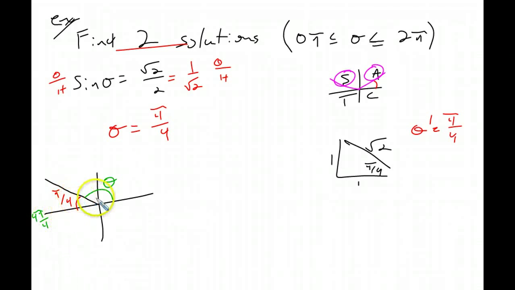Well, this is pi over 4 less to get the full angle. So if I just take away pi over 4 from the 4 pi over 4, then my other angle is going to be 3 pi over 4. If you want to check it, go for it. You can say sine of 3 pi over 4. You'll be in the second quadrant, so it'll be positive, exactly what we want. And over 4, so opposite over hypotenuse will be 1 over square root 2, and we are good to go.